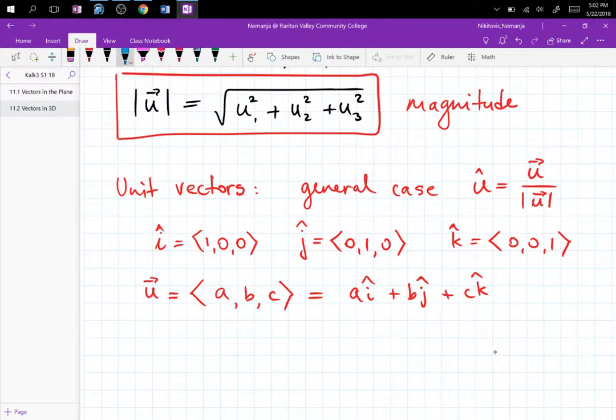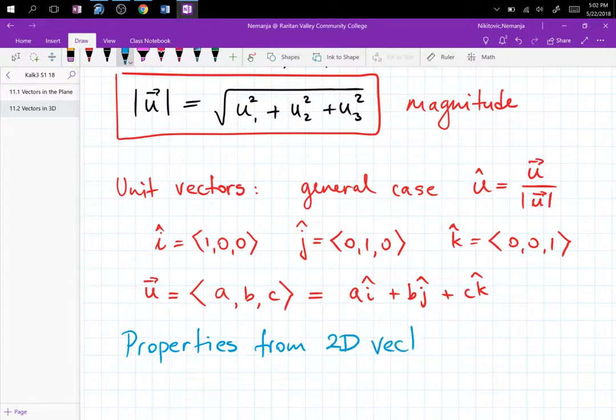All of the properties which we covered in 2D translate, right? Properties from 2D vectors transfer here, because those properties are not just for 2D or 3D vectors.